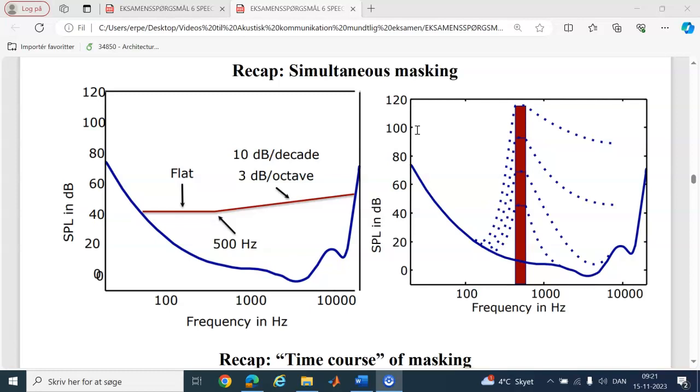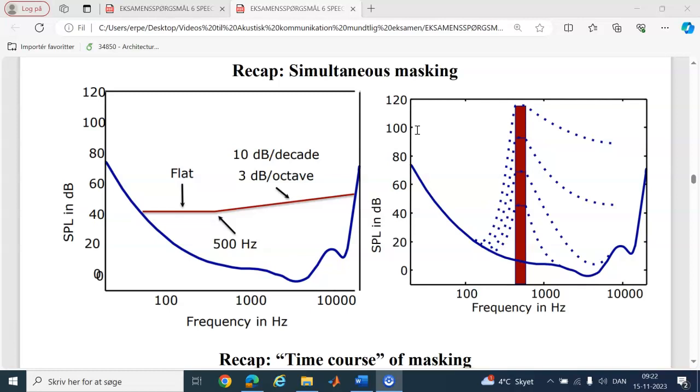When the frequency for the tone is more than 500 Hz, then there is an increase of 10 dB per decade. That is, 10 dB if you go from 1000 to 10,000 Hertz, or 3 dB per octave, a 3 dB increase if you go from 1000 to 2000 Hertz.